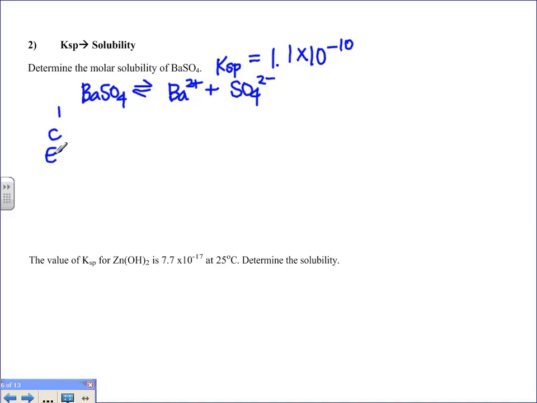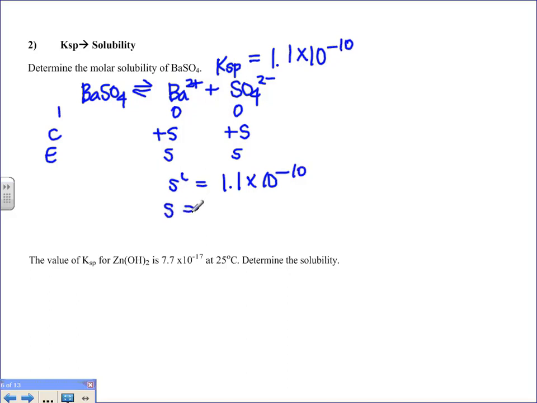And when we look at this equilibrium, when we're dealing with solubility, we're starting with none of these dissolved, and then the maximum solubility of barium sulfate is the amount that's actually going to dissolve. So each of these, because they're in a 1-to-1 ratio, will have a concentration of S at equilibrium. So when we sub into the equilibrium law, which is barium times sulfate, we're going to have S squared is equal to 1.1 times 10 to the negative 10.